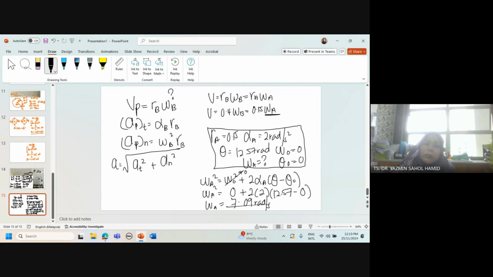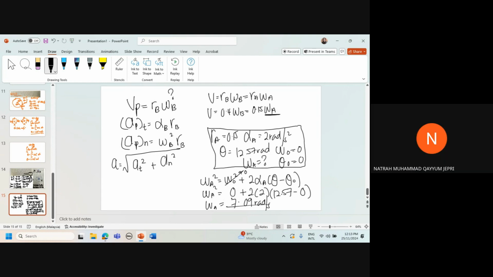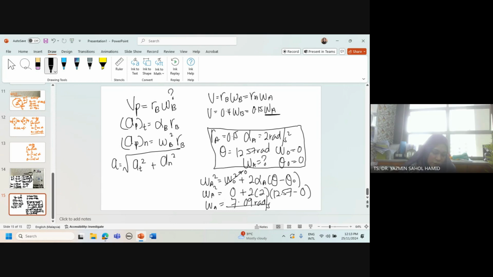Kuasa 2 ni dah puncakan belum? Sini saya kira 12.57 kali 2 punca kuasa 7.09. So 7.09 radian per second. Okay, so ni betul jawapannya.